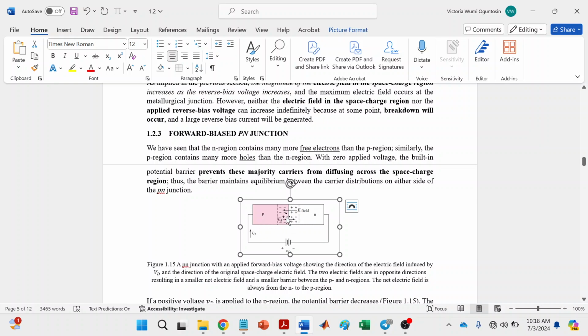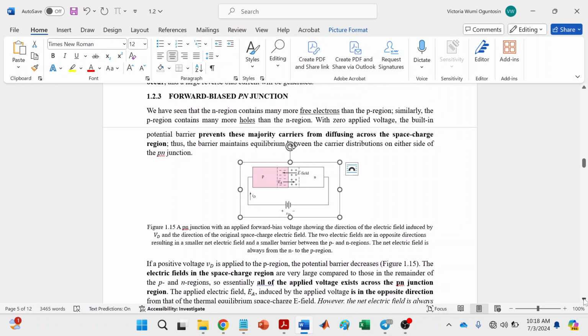There is a built-in potential barrier as a result of an electric field, and this built-in potential barrier will prevent the majority carriers from diffusing across the space charge region. So essentially, there's no current, and the barrier maintains an equilibrium on either side of the junction.